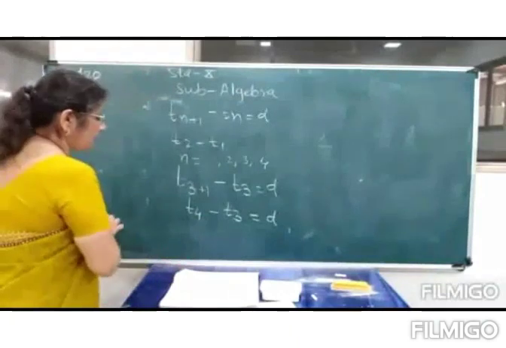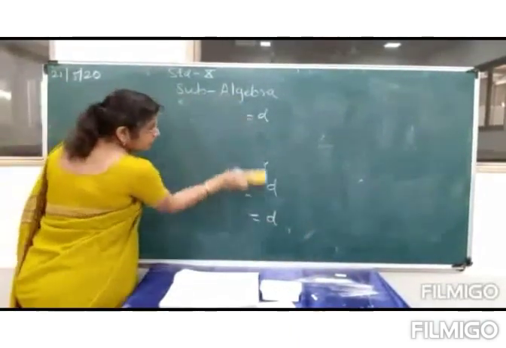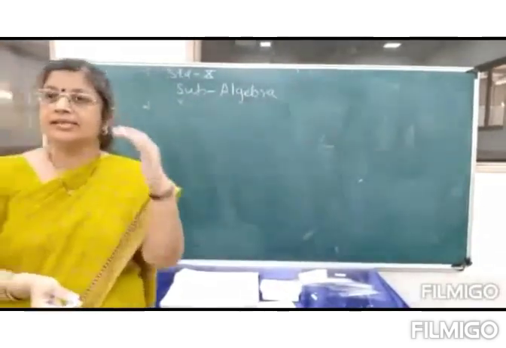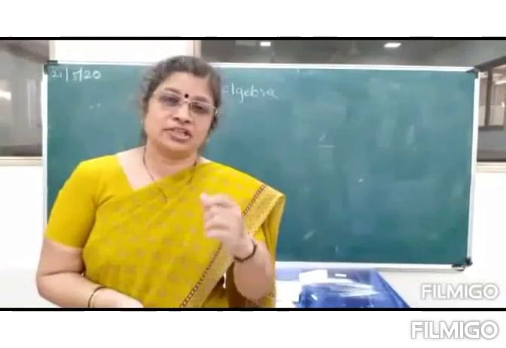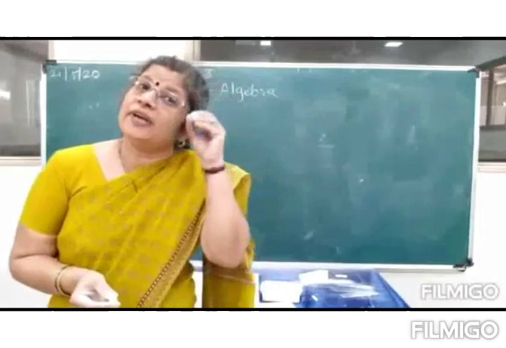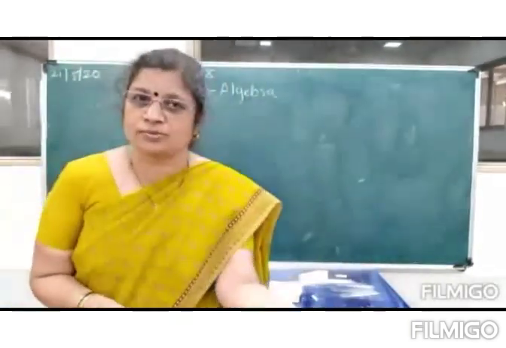Now the next topic we are going to learn is to check whether a given sequence is in arithmetic progression or not. First we have to justify, and if it is in arithmetic progression, then find the next 2 terms of the sequence.